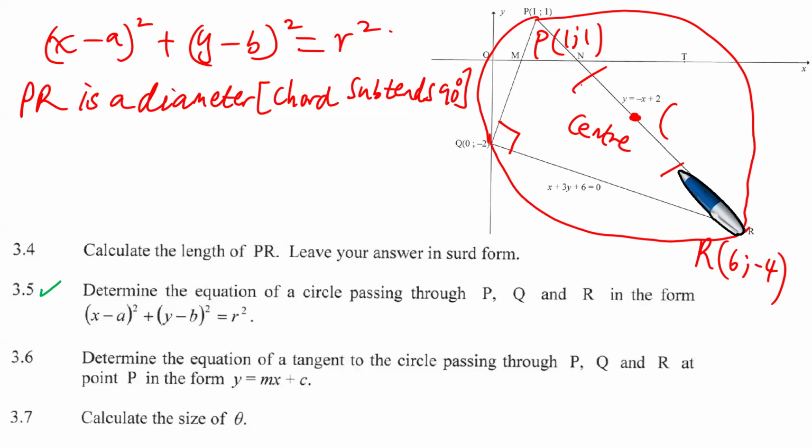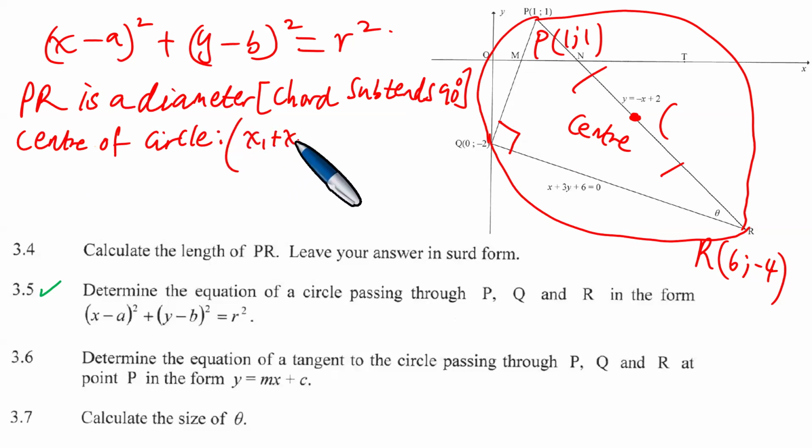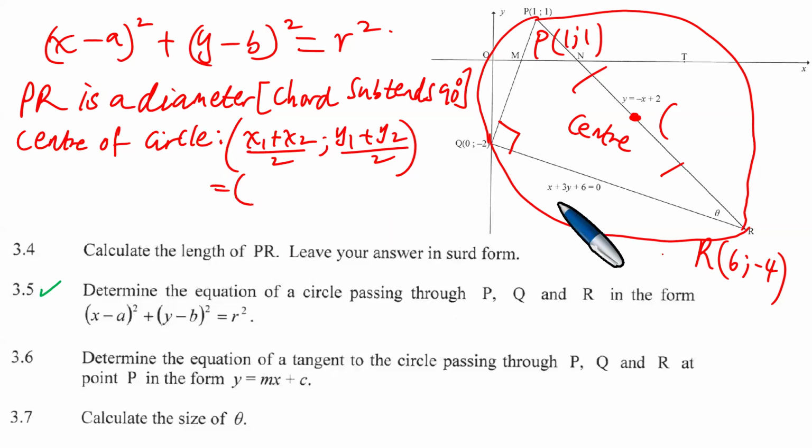PR is the diameter because it is a chord that subtends 90 degrees. So we can find the center of the circle, which is x1 plus x2 out of 2, y1 plus y2 out of 2. All right, so this is x1, y1, x2, y2.